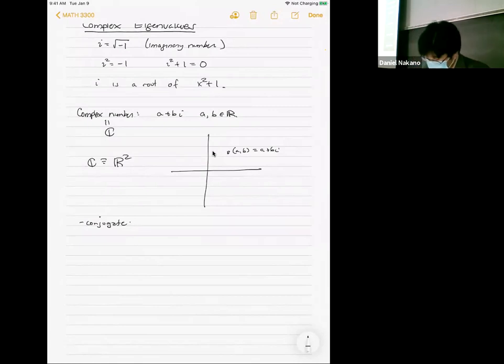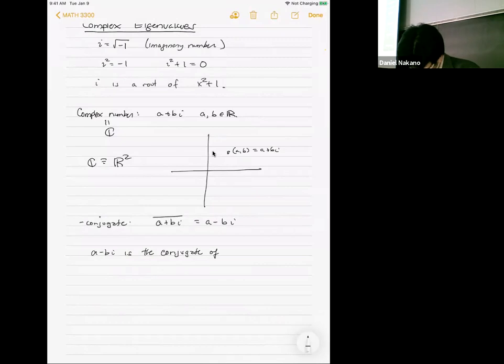If I take a plus bi and take its conjugate, this is a minus bi. So a minus bi is the conjugate of a plus bi, and if you conjugate twice, you get back to where you started.